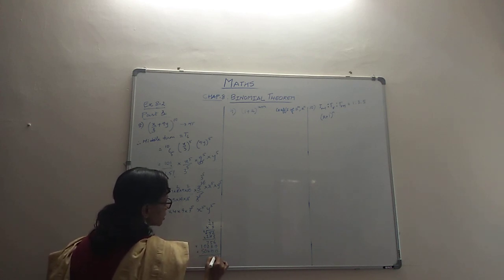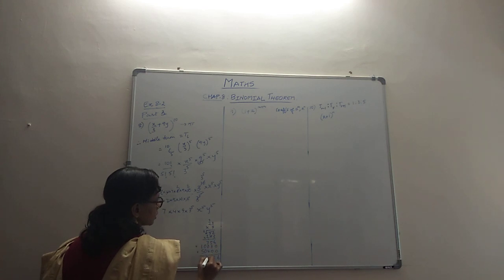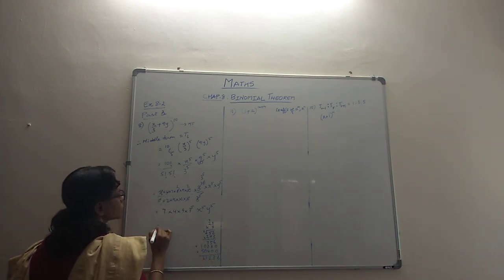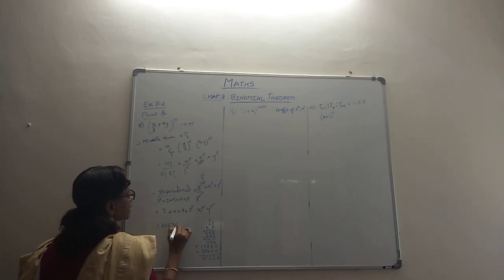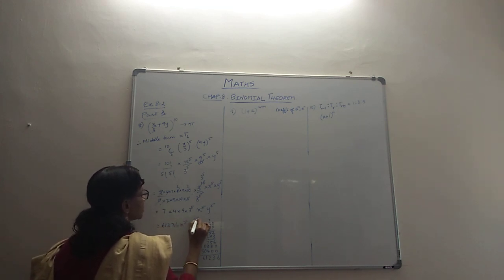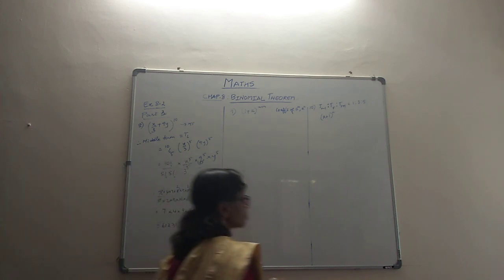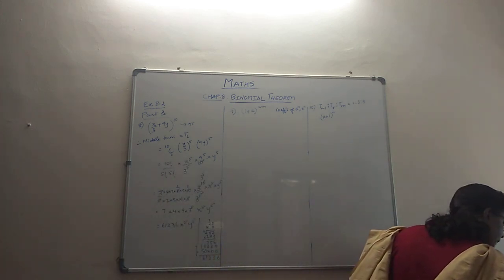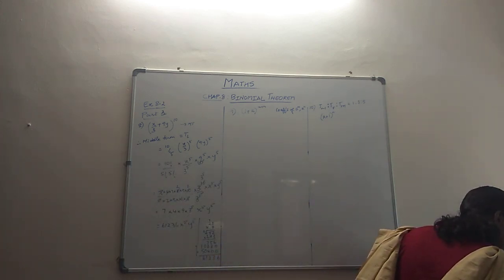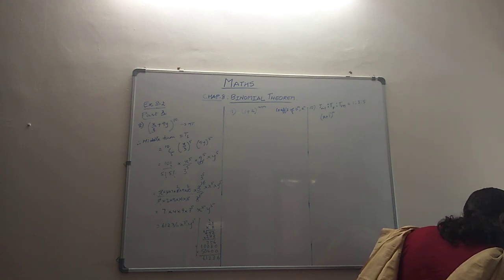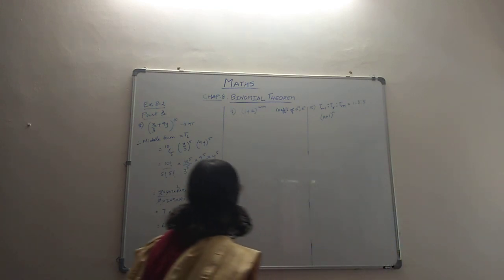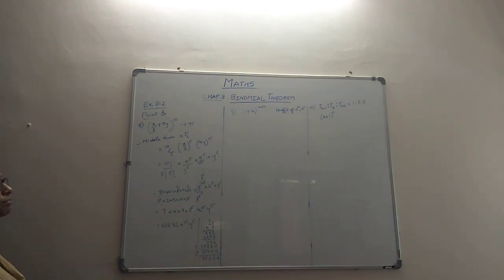Let's check. 6, 13, 12, 6. 6, 1, 2, 3, 6. x raised to 5, y raised to 5 is going to be your sixth term. That's right? That's about our middle term.